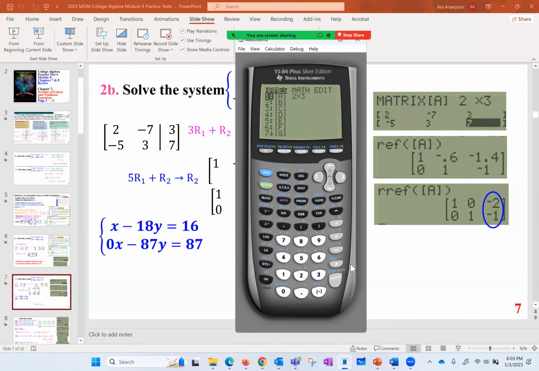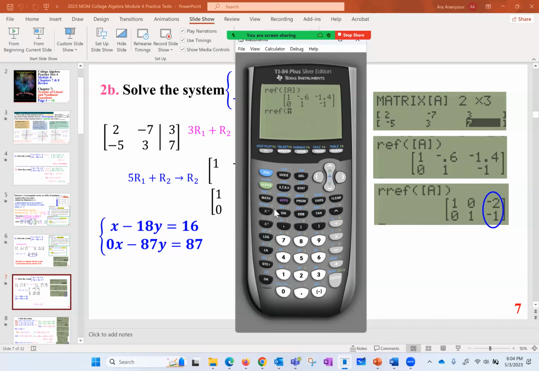Again, let's put the parentheses here. And now this is the same matrix that we had here. If we do our REF, second, math, and again, second, x to the power of -1, math, and we're going to bring it down to our REF this time.